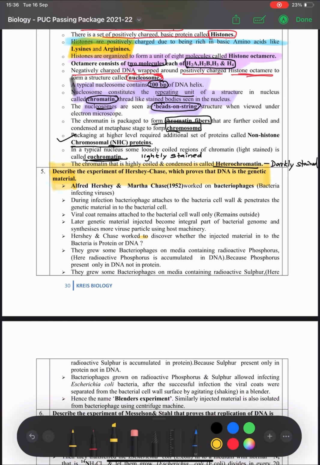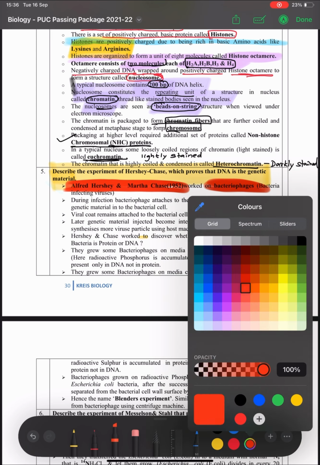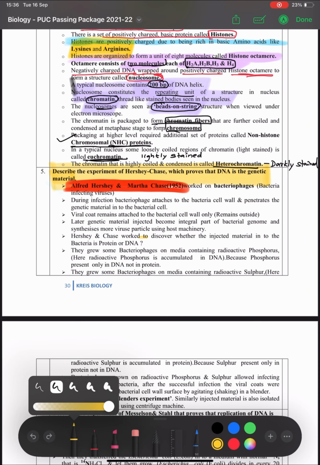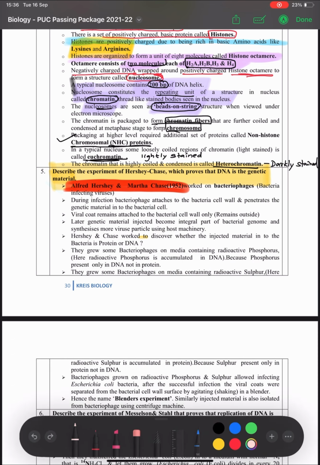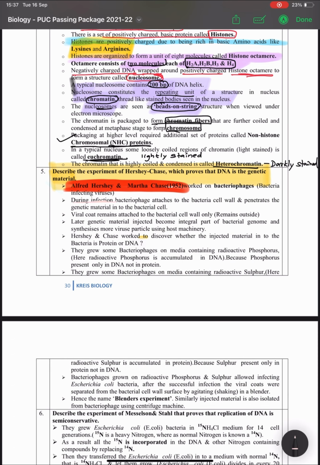Next one, Hershey and Chase experiment to prove DNA is the genetic material. In order to prove this, they used a bacteriophage. Bacteriophages are viruses which infect bacteria. When they infect bacteria, they penetrate their genetic material into the bacterial cell.